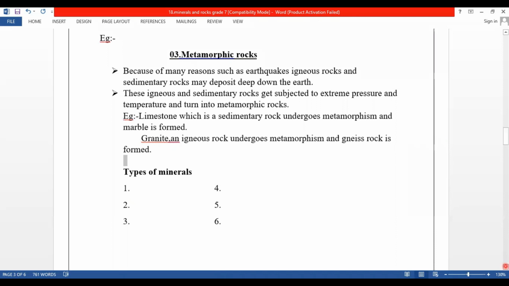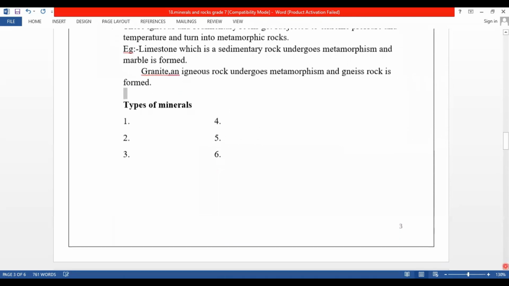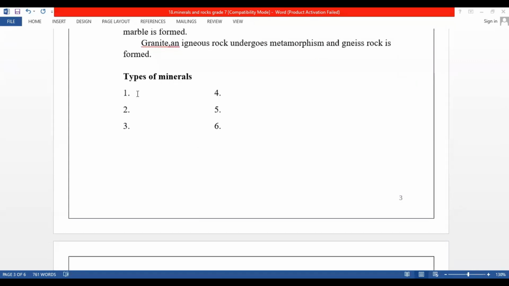Then we should know the examples for the minerals. Here I'm going to write the examples for minerals: feldspar, quartz, mica, dolomite, ilmenite, graphite.